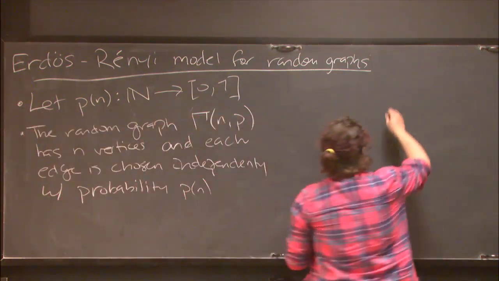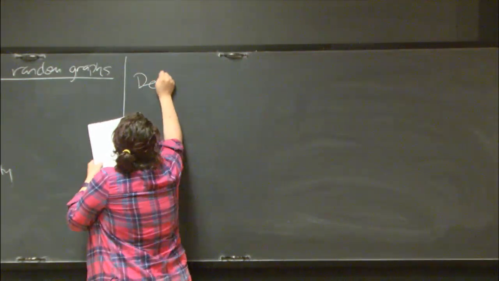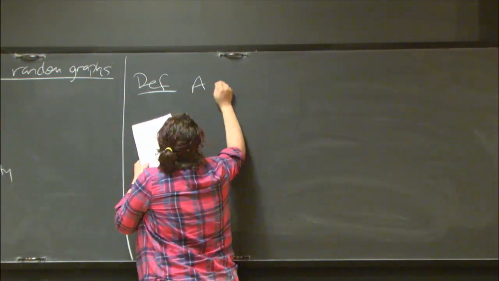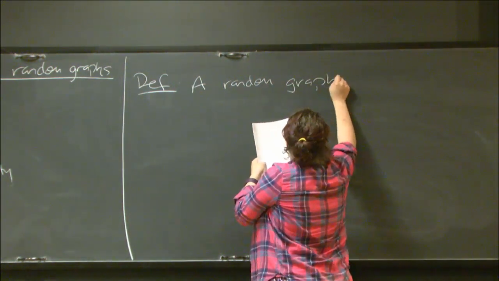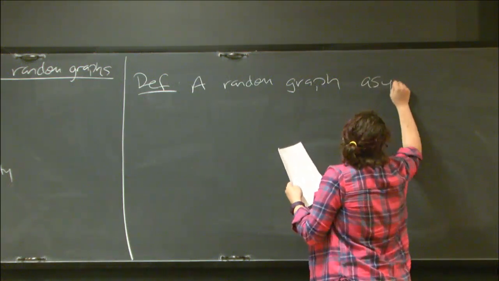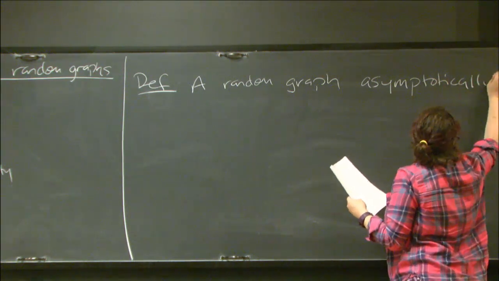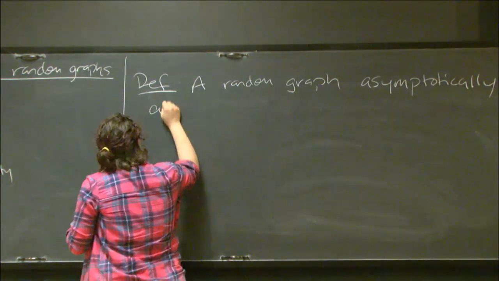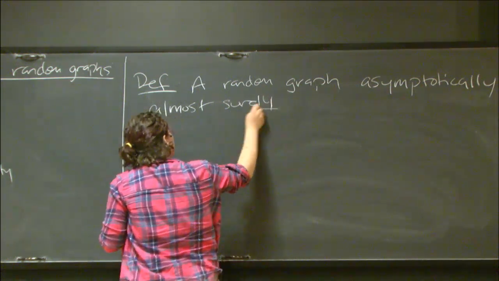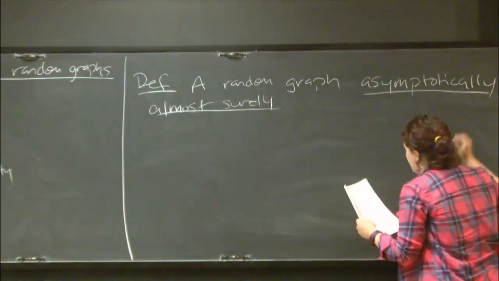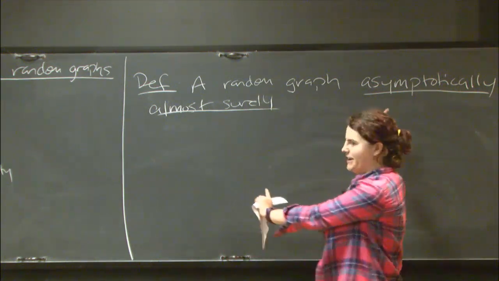So let me just write this down mostly so I can use the abbreviation. We'll say a random graph asymptotically almost surely has, okay, the whole point of this is so I can use this abbreviation.